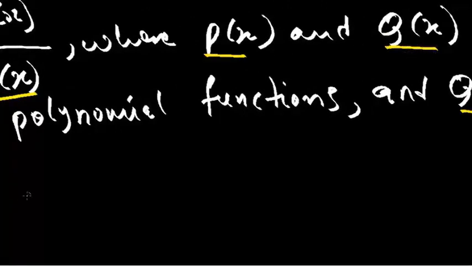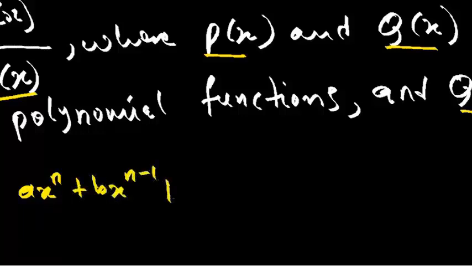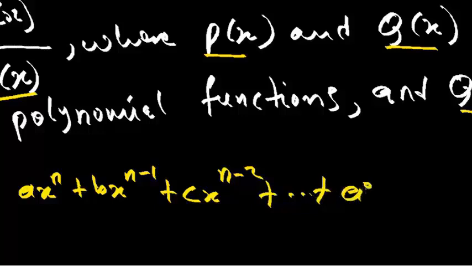A polynomial function is a function of the form a x to the n, then plus b x to the n minus 1, then plus c x to the n minus 2. We continue the process until we get to a0, where a0 is a constant, right?